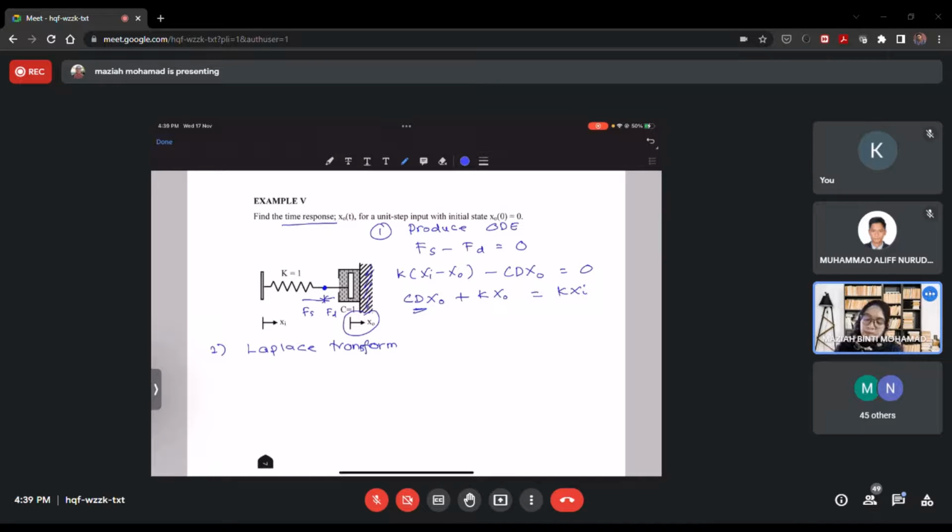Therefore, we're going to have C multiply with s X naught(s), refer to the table, minus x naught(0), and then plus K X naught(s), because K here is in time function, so in Laplace it is just in s form, X naught(s) equal to K Xi(s). So this is the Laplace form.